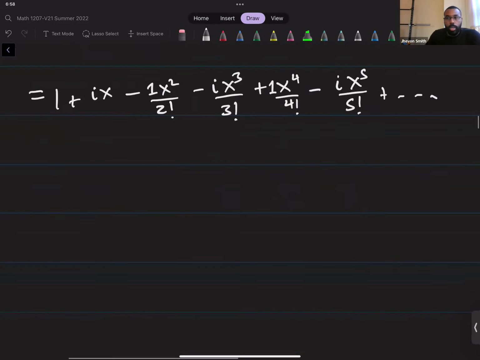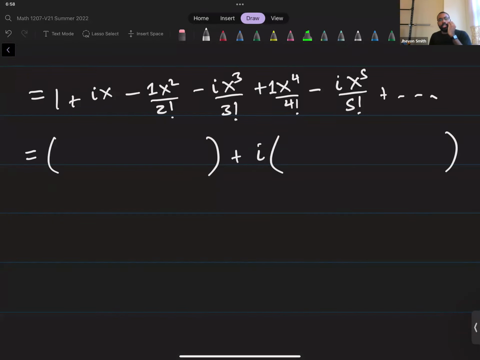Now what we can do is group the terms with i's in them and the terms without i's. So it's i times all of these terms. Let's start with who doesn't have the i's. Notice that all the terms without i's are the even powers: the x to the 0, the x squared, the x to the 4th, the x to the 6th.